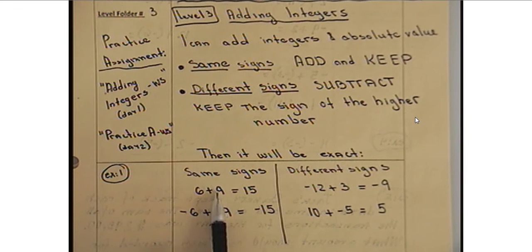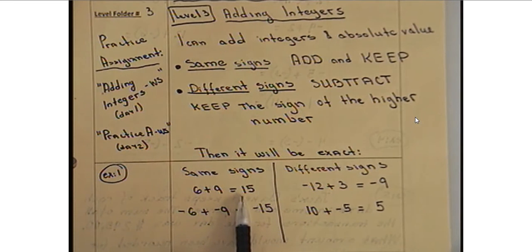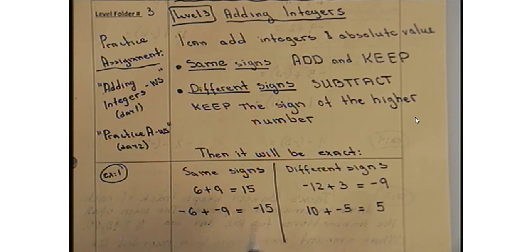Both are positive, so we have a positive answer. If we have two negatives, again, we add 6 and 9, we get 15. And then, because they both are negatives, we also have a negative answer, or negative sign as an answer.